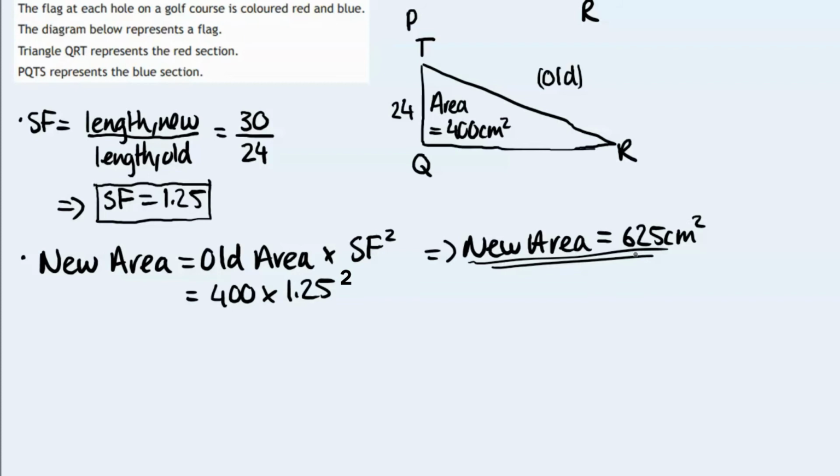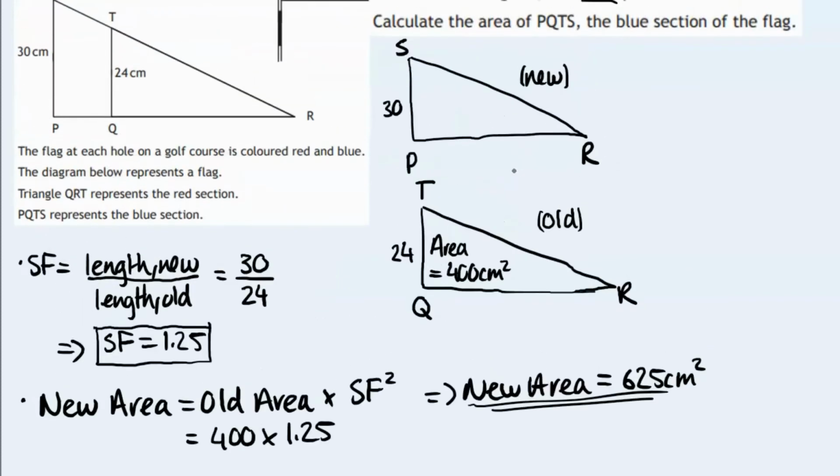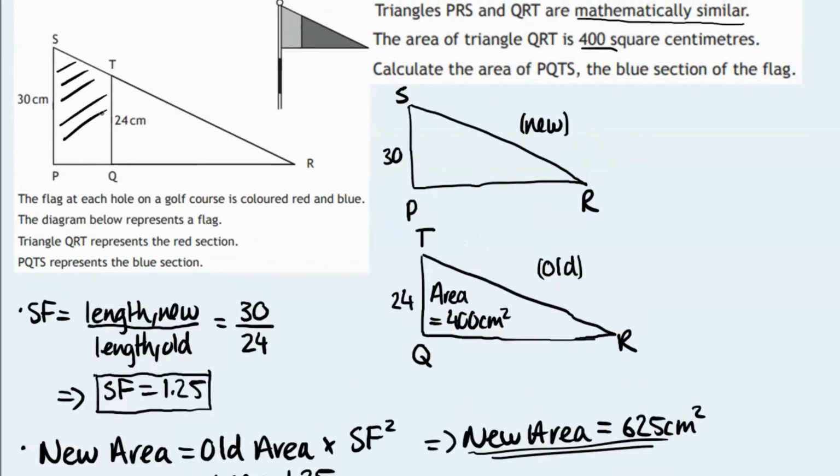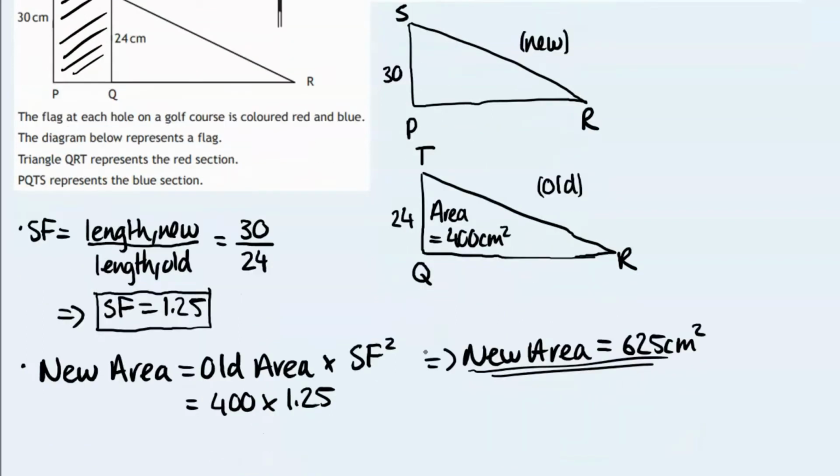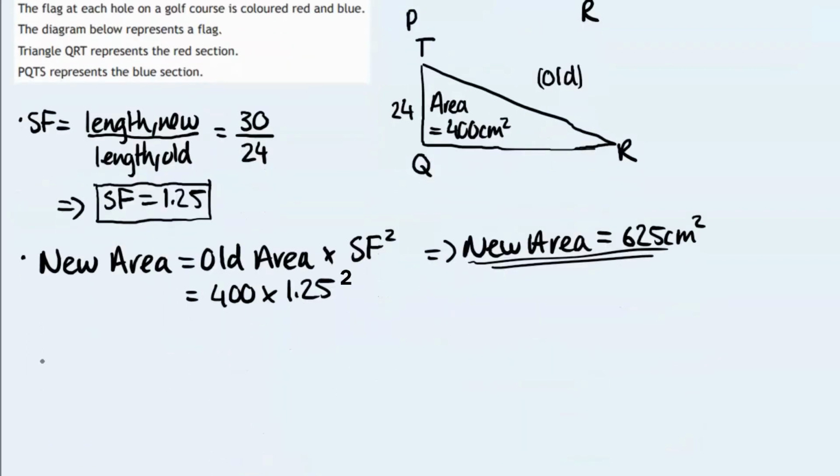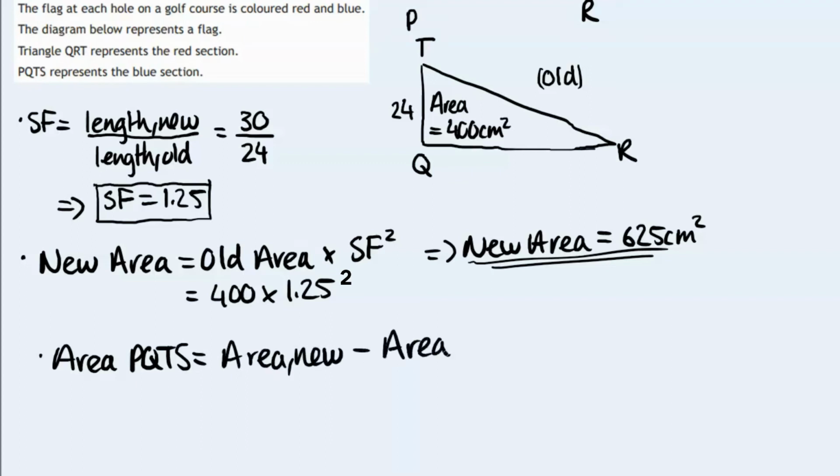Okay, so we have both areas of the triangles. So now we just need to finish off the question to find this area here, PQTS. All we have to do is substitute the areas. So area of PQTS is equal to the area of the large triangle, area new, take away the area of the smaller triangle, which is area old.